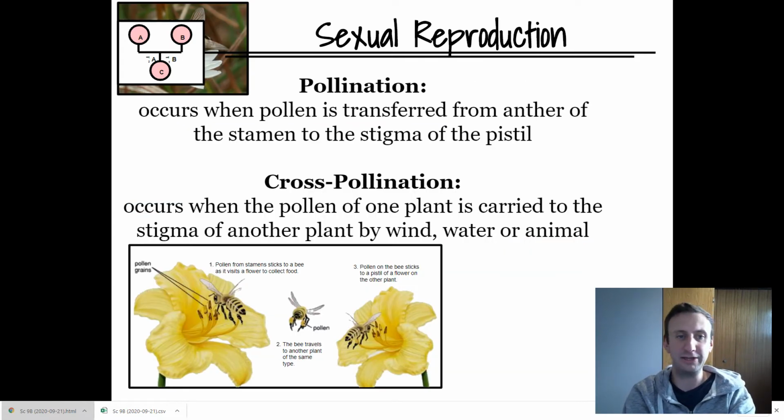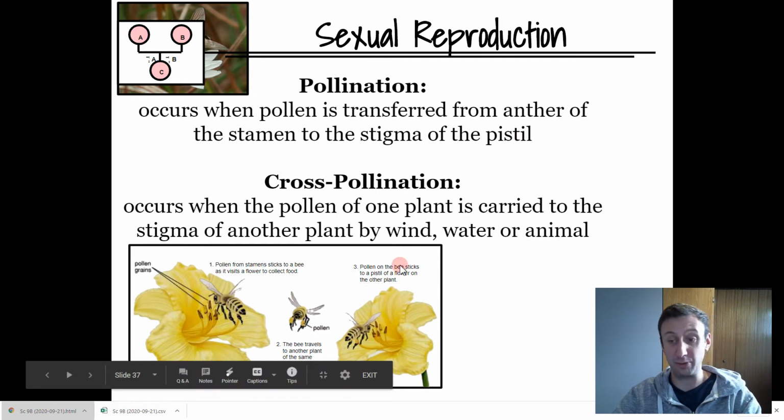All right, so pollination occurs when pollen is transferred from the anther of the stamen to the stigma of the pistil. Cross-pollination means specifically that the pollen comes from a different plant than the one where it lands. So I have pollen from one plant that ends up going to a different plant, which means that I'm getting a mixing of genetic code.